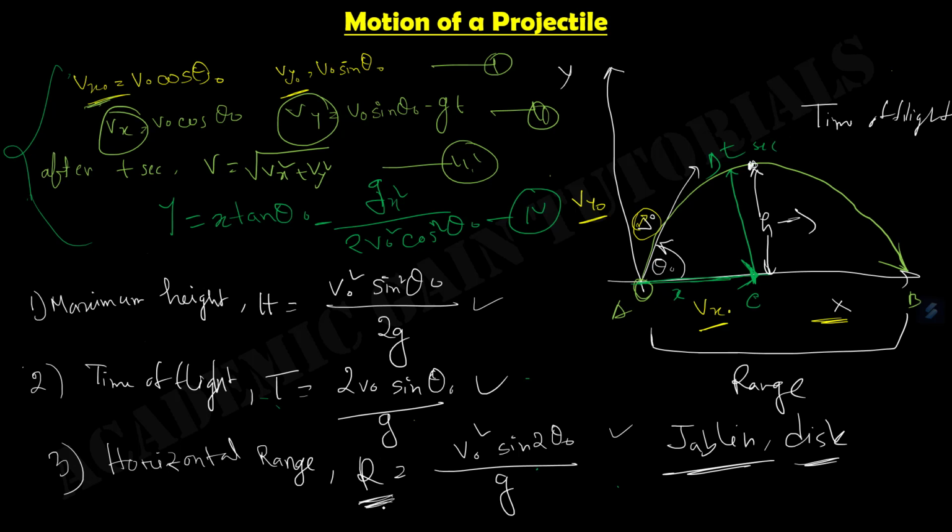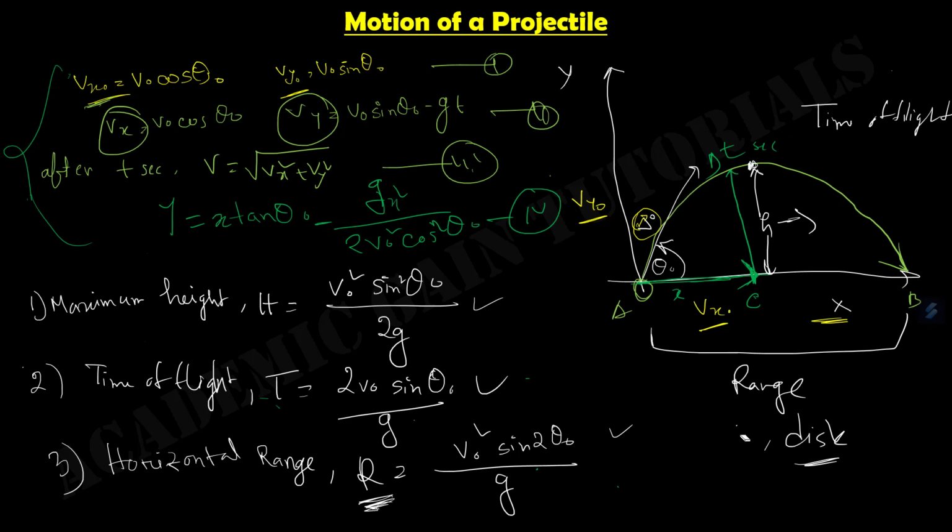This is the horizontal range, which means from point A to point B. So when will this range be maximum? When sine 2 theta naught is maximum, then the range will be maximum for our given initial velocity.